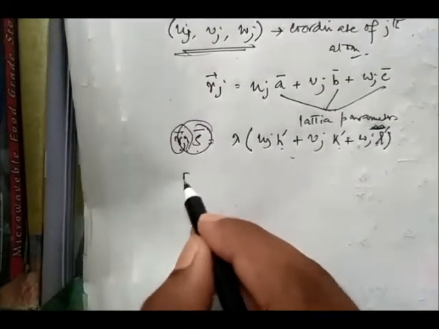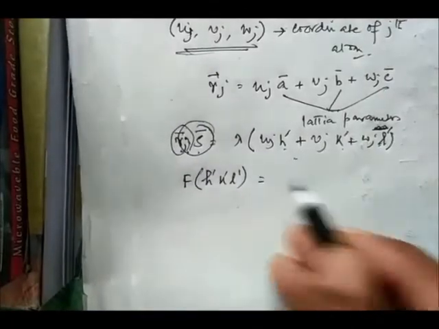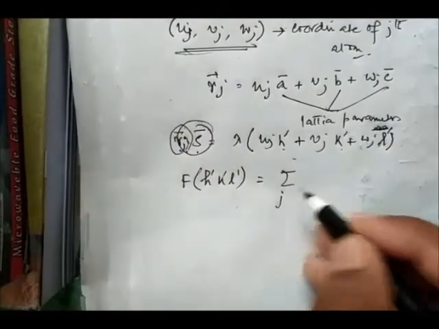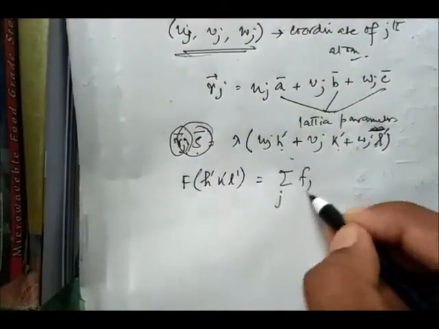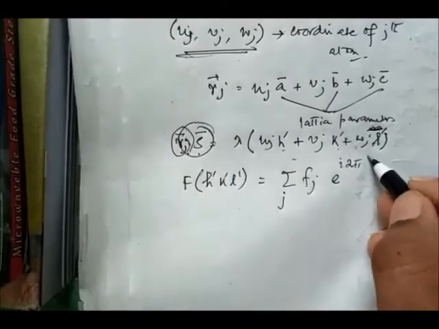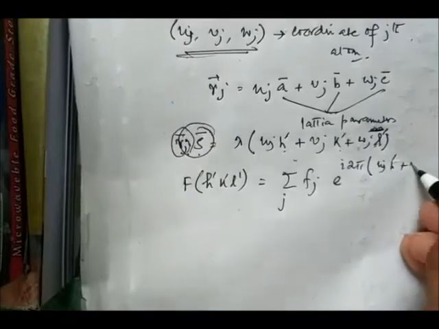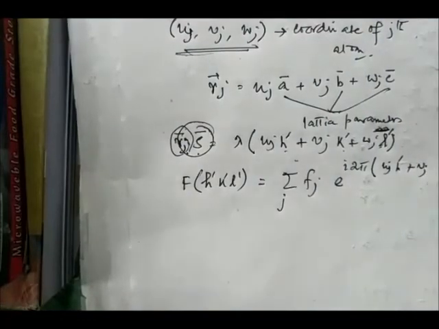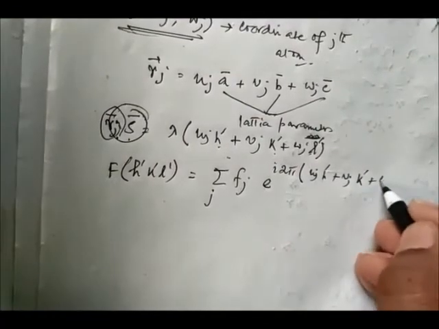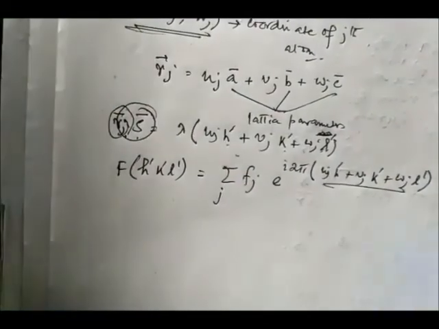This F(h',k',l') will be just the sum over j of fj e to the power i 2 pi times (uj h' plus vj k' plus wj l'), right?